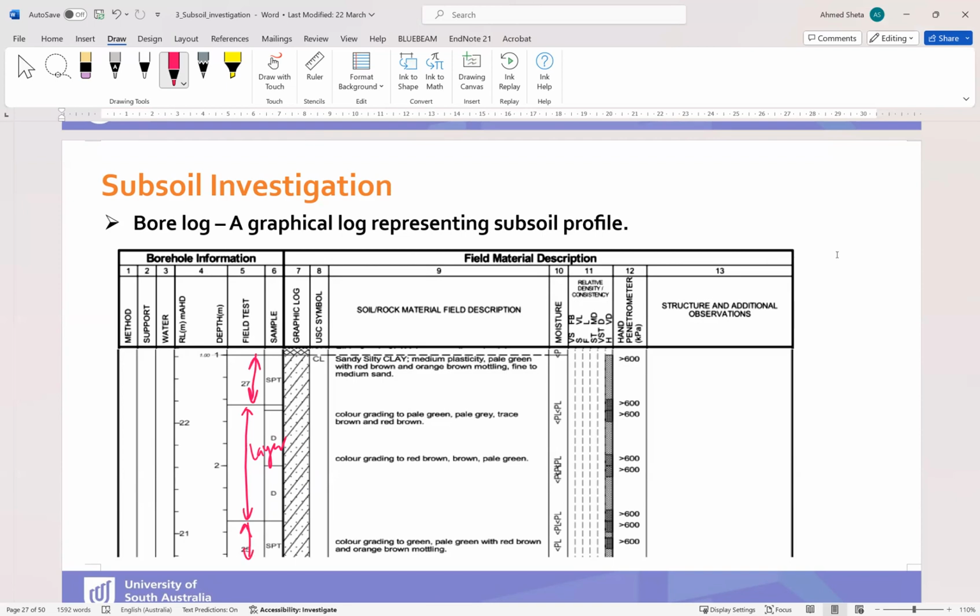Here the color grading is pale green, and here the color grading is red brown to brown. So this is how to classify the soil using color and texture.